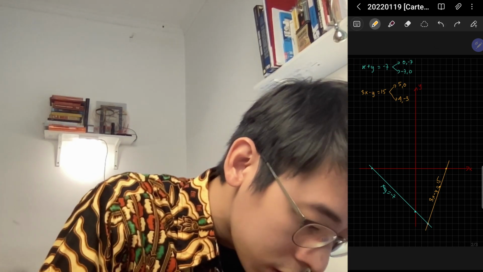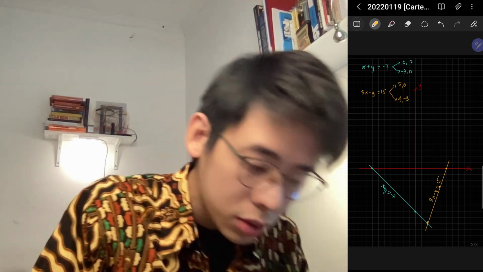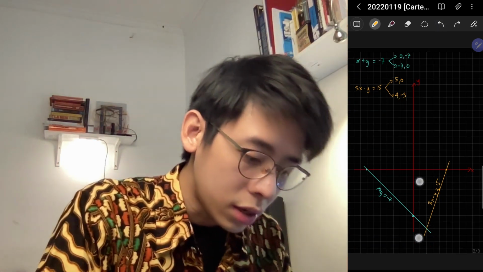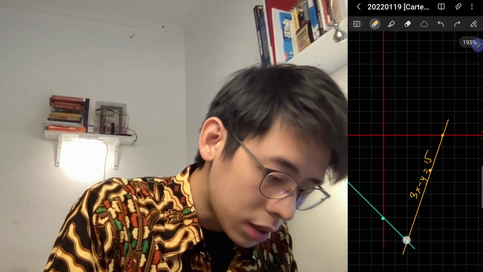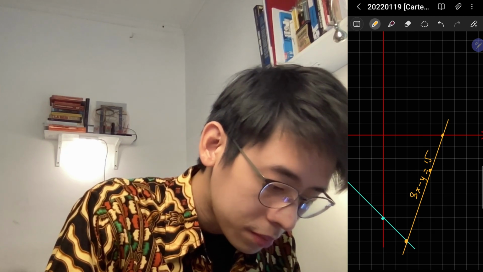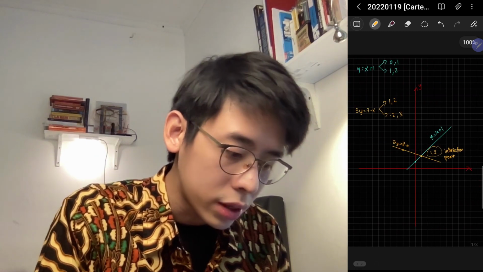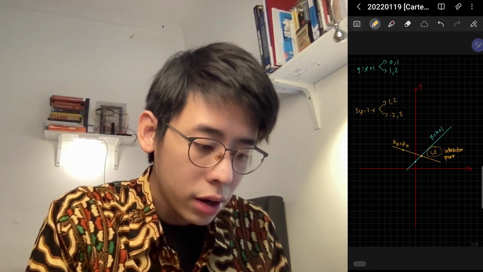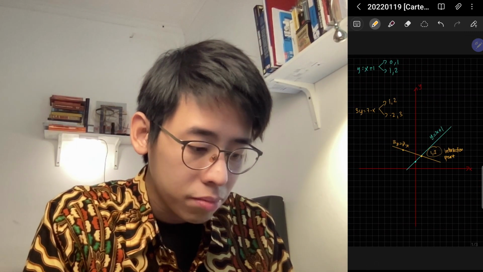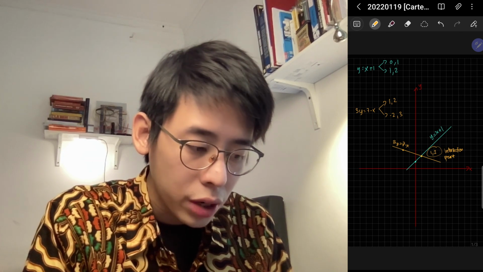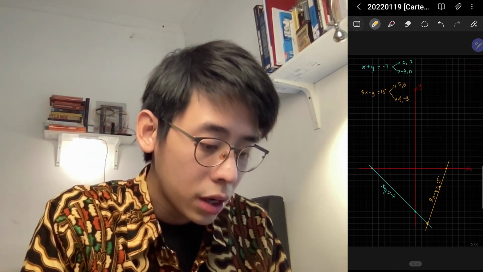Okay, in this case we don't get the exact coordinates from the calculation. It is different from the ones before. Before, we had the intersection point straight away from the calculation, but now we don't have that.